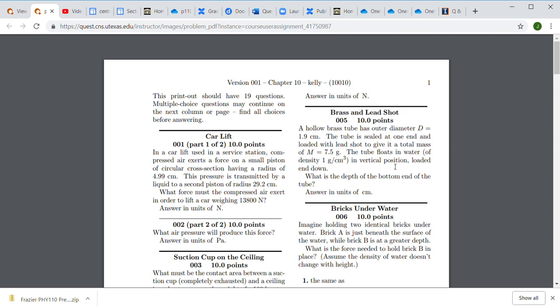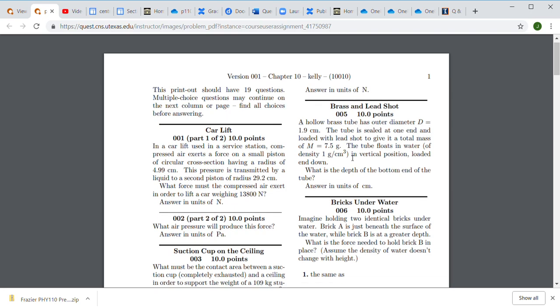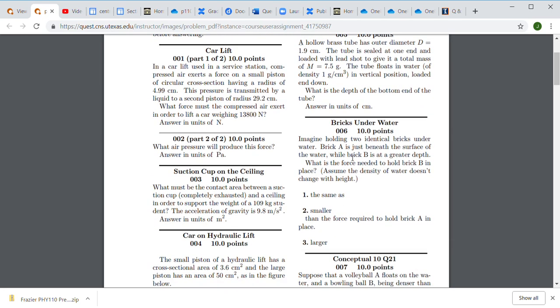So rho gh, that's the pressure at depth h, times the cross-sectional area of the tube. We use pi r squared there. In this case, they give the diameter, so make sure you divide the diameter by 2 to get the radius before you do pi r squared. Rho gh times pi r squared is equal to mg, the mass of it times g, the weight of it, and you can solve for what h is.